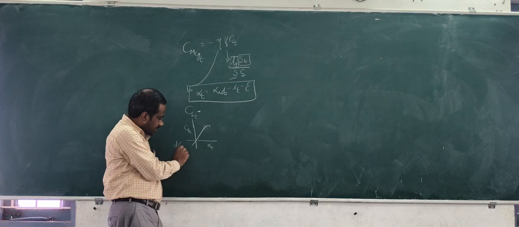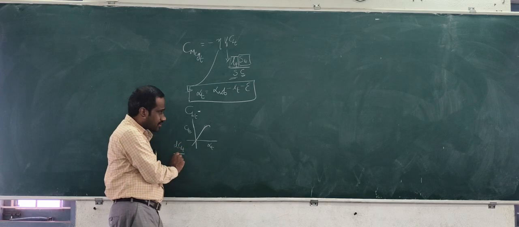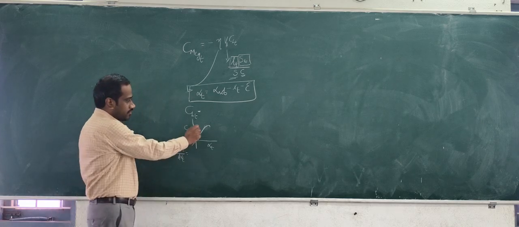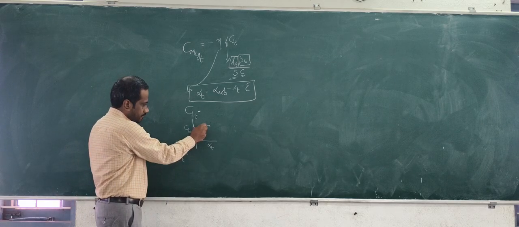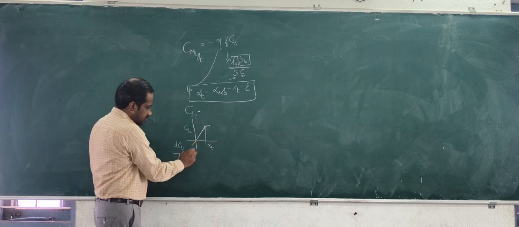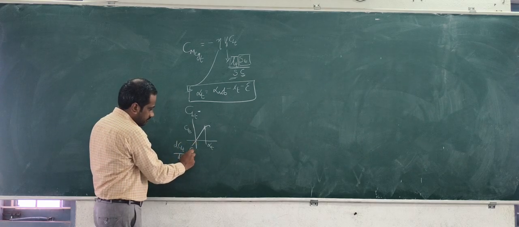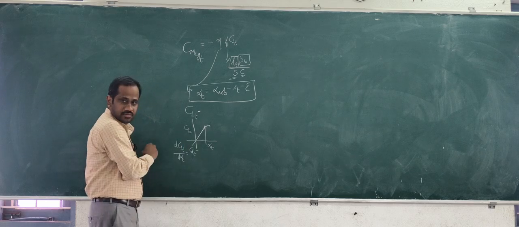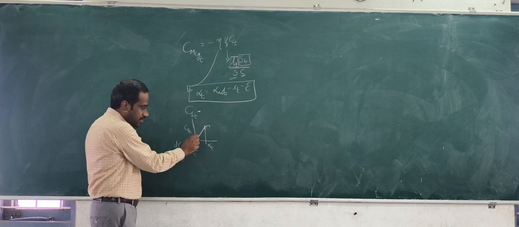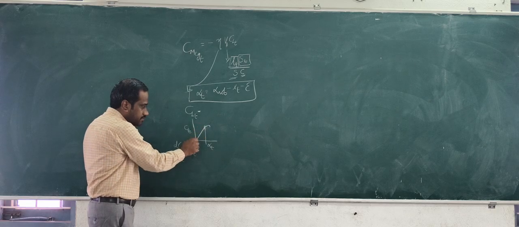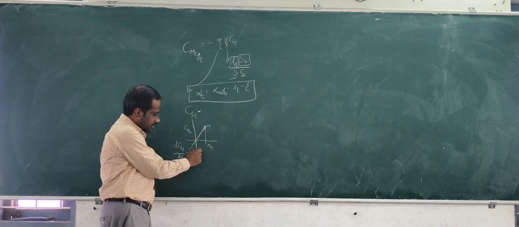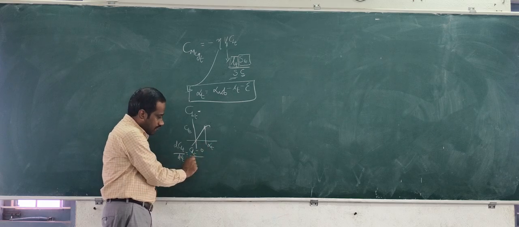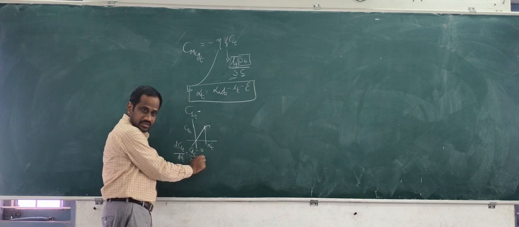I can write it as dCLT by d alpha t is equal to, how do you write this between two points? CLT minus, let's say, alpha t 0, CLT 0. How do you write the slope equation between this point and this point? CLT minus 0 over alpha t minus 0.